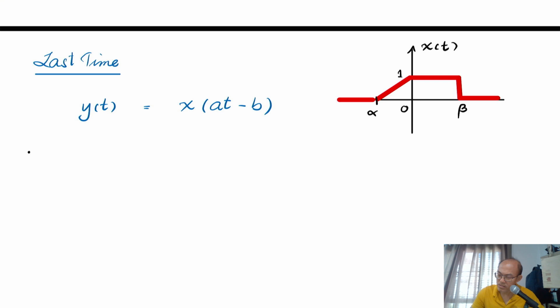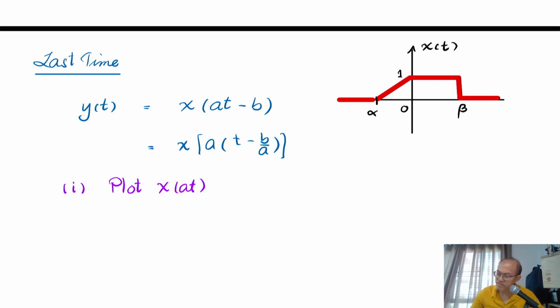Case 1, so what we do is we're going to pull the factor a out of the parentheses. So it becomes a, and inside the parentheses would be t minus b over a, right? So the first step is to obtain or plot the graph of x of at.